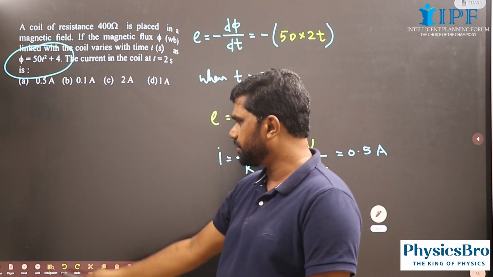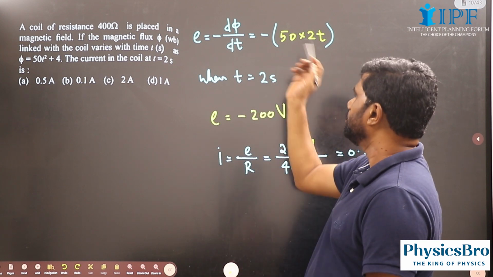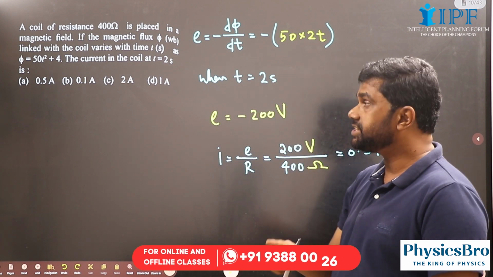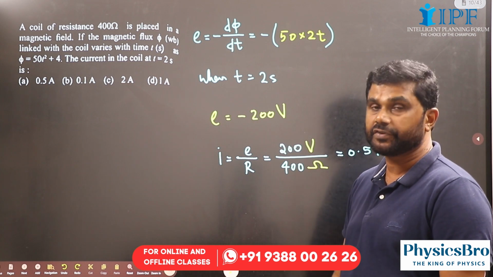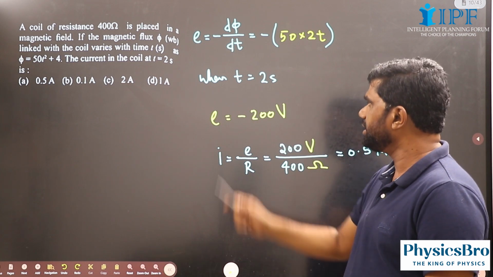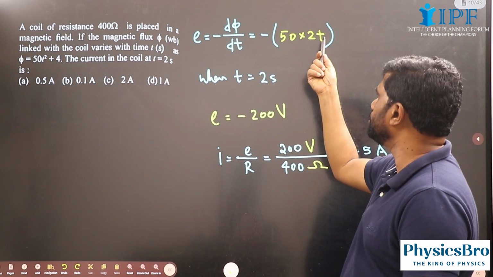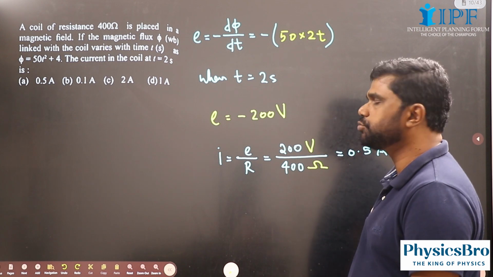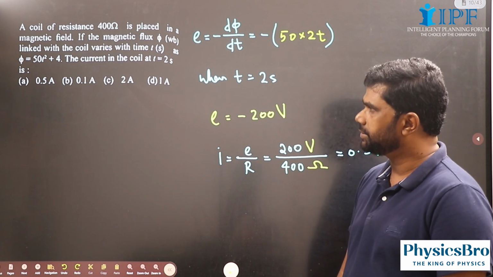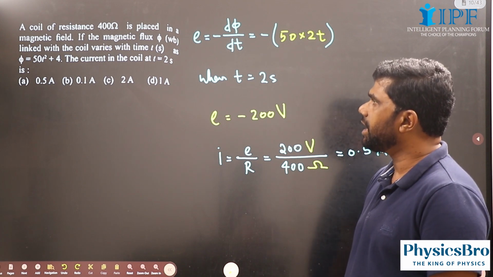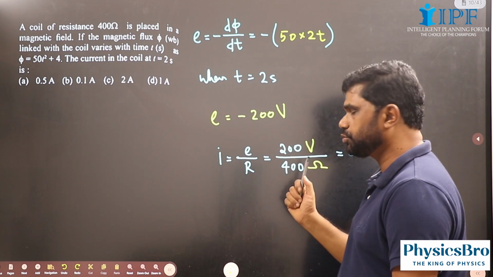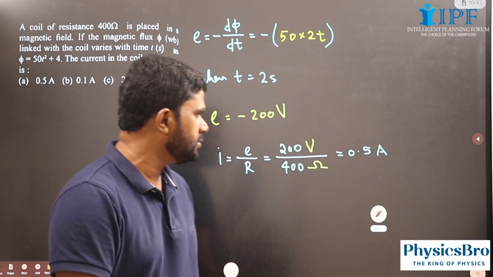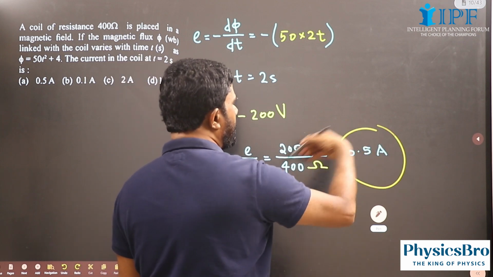Okay, 50 t square, 50 being a constant. Then differential of t square is 2t. Next term is 4 and its differential is 0. When t equals 2 seconds, we will get 2 into 2, 4 into 50, that is 200. So 200 volt. And current we have to find out, and the resistance is given as 400 ohm.